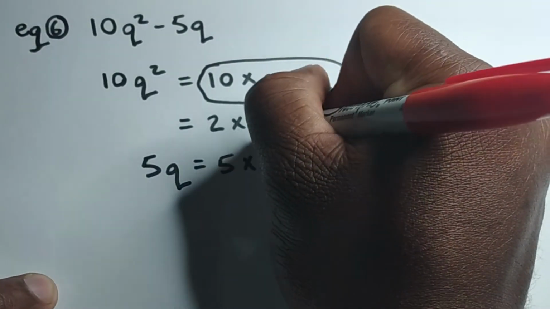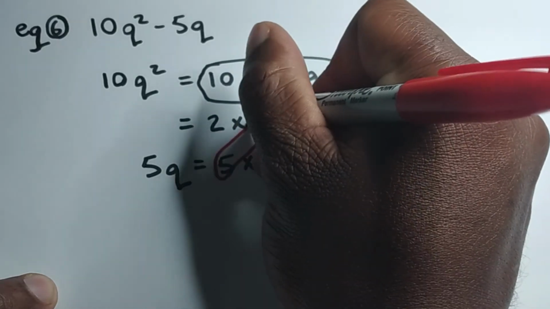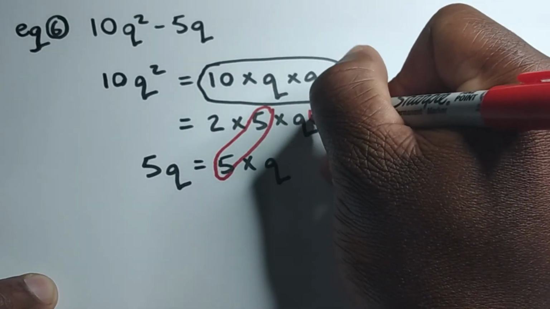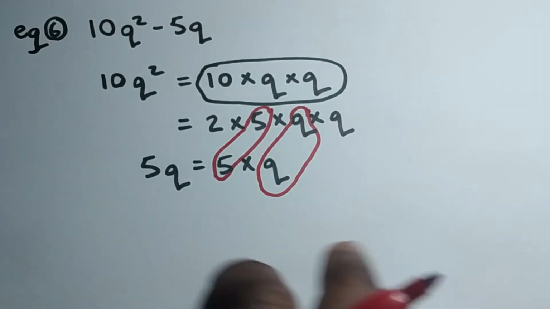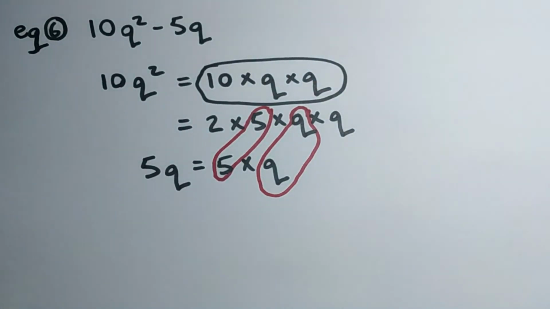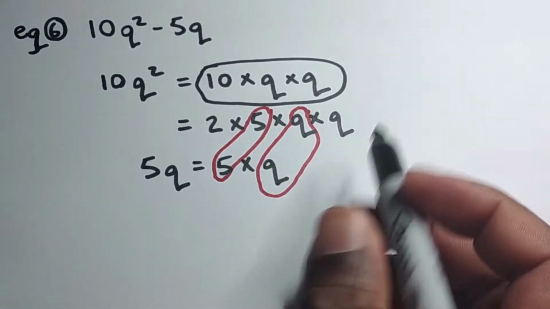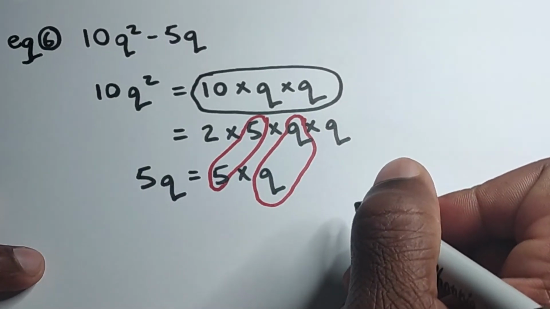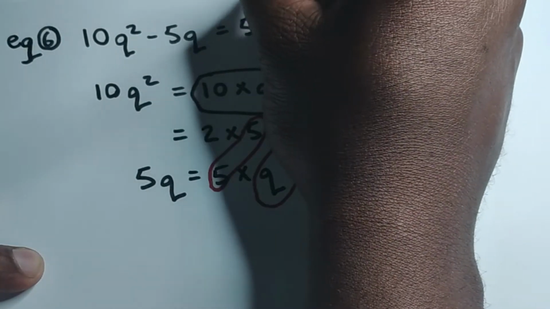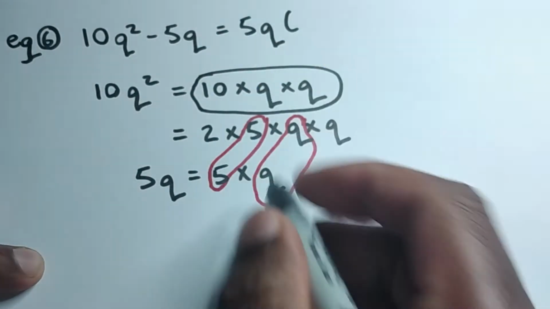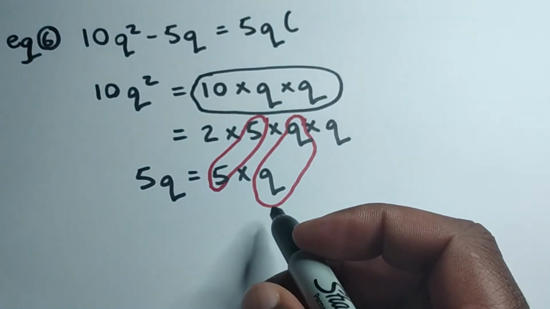When we look at this, we know that the 5 is common. Look further, we notice that the Q is also common. All right. So what we're going to do is factor out 5Q. So we factor out 5Q in bracket, and we'll have what's left.